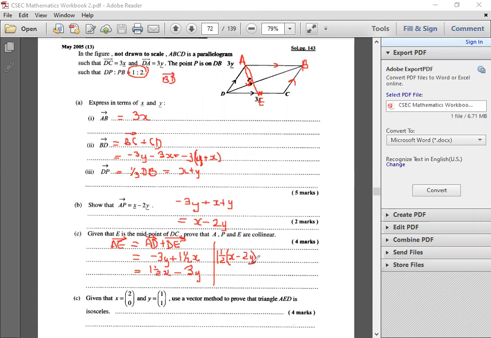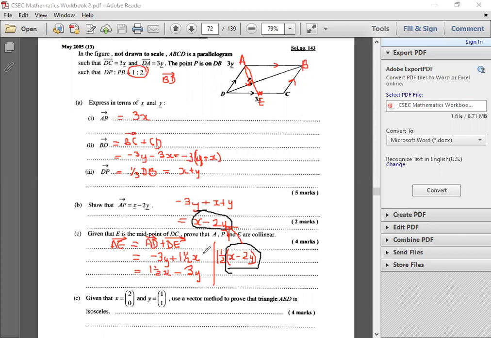What we notice is that we have this and we have that. So therefore, that proves that the points A, P, and E are collinear. So you see the linkage?